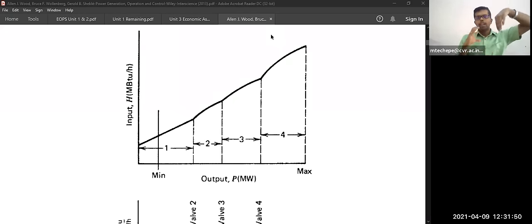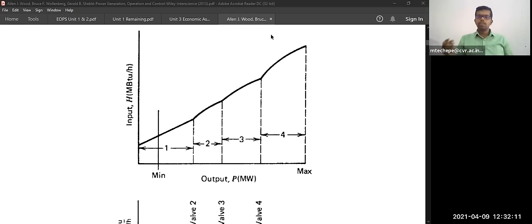But imagine you are standing in the load dispatch center. In that scenario, your valve will be opening and closing like anything, very fast, because the feedback is directly taken from the external bus.